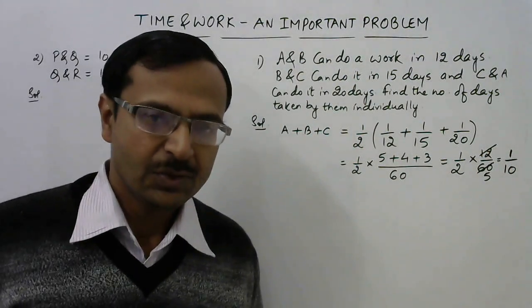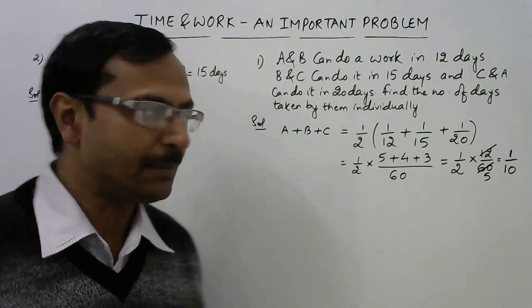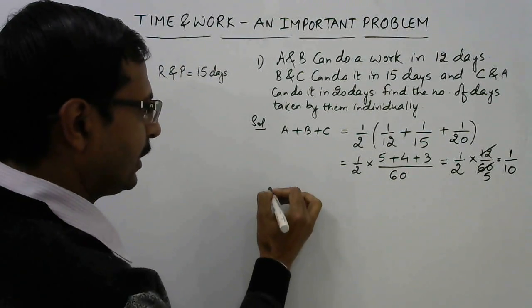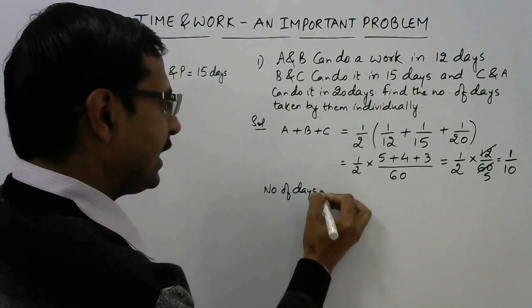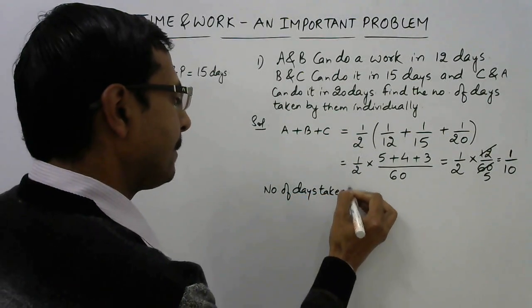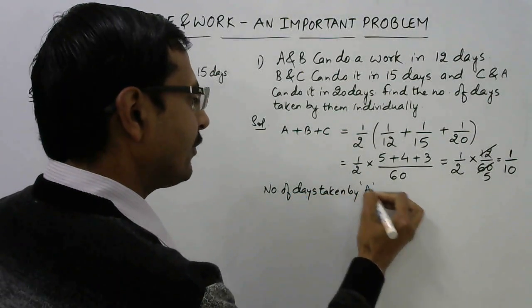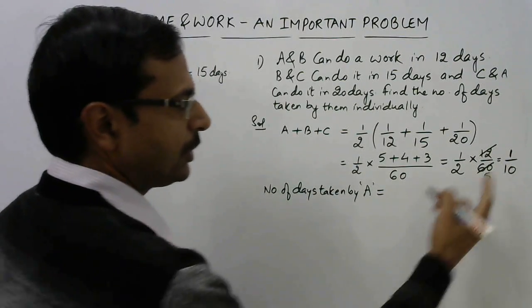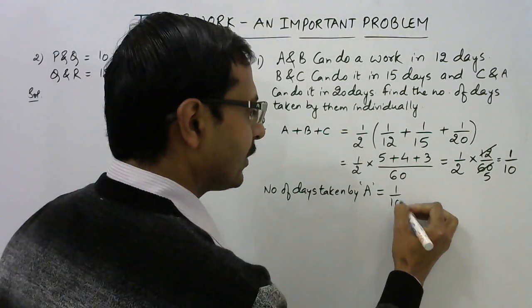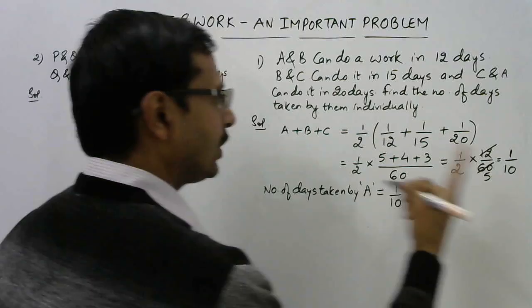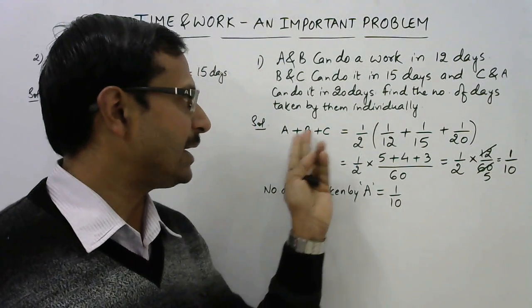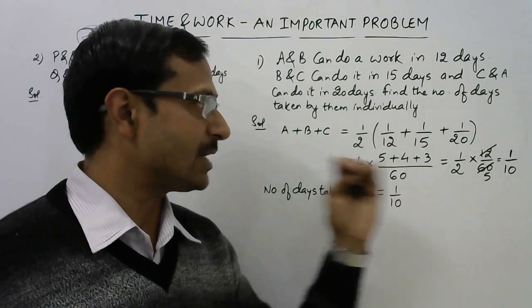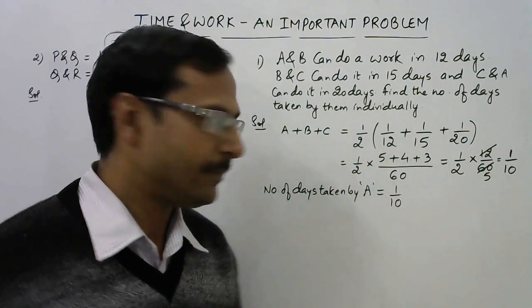After getting to this step, the second step is to find the number of days taken by A. For that, you need to use the total of A, B and C, which is how much work is done by A, B and C in one day.